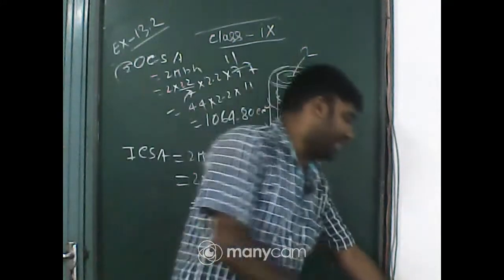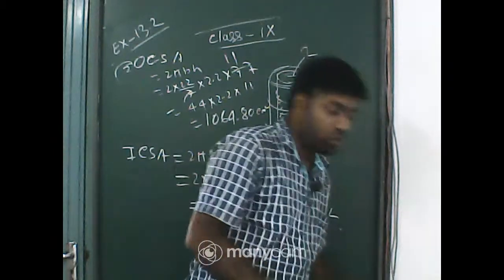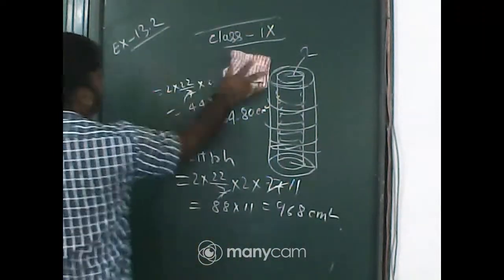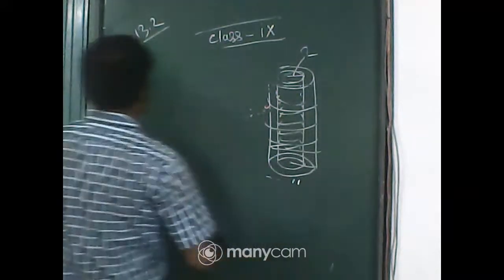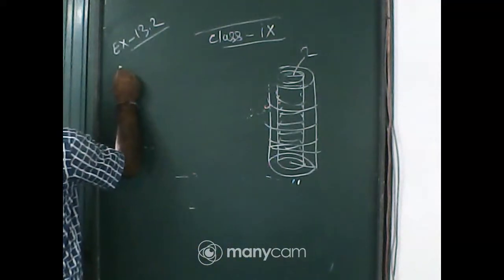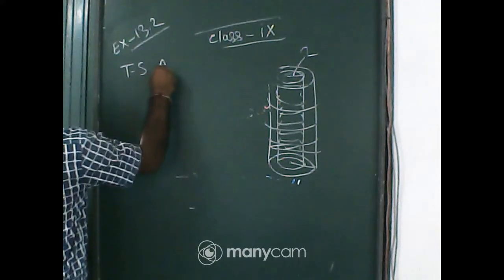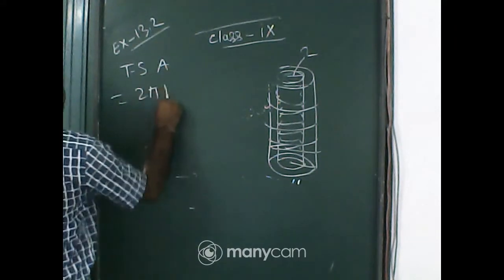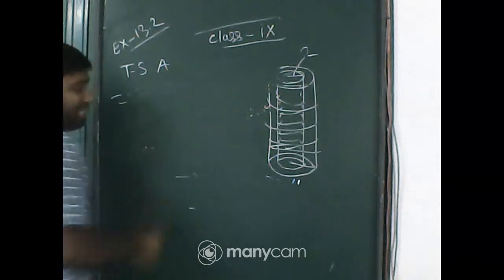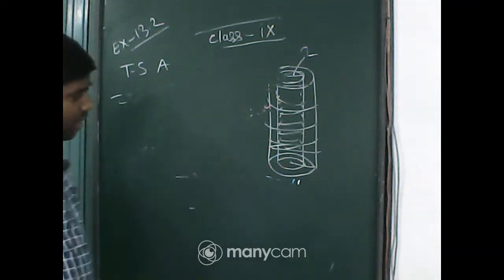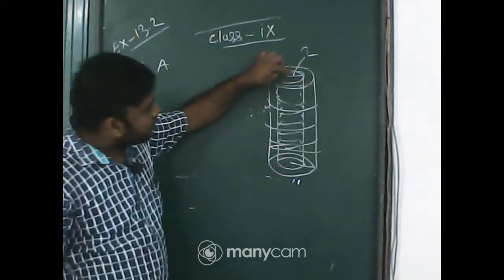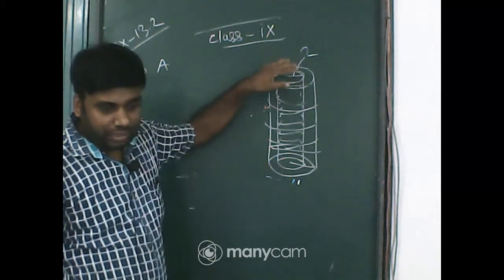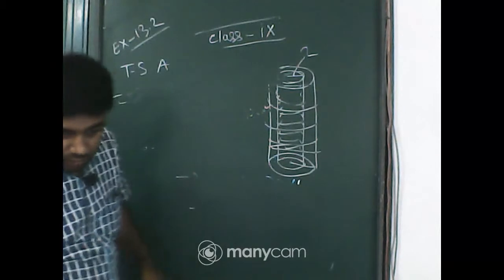Next, total surface area of that tube. Okay, total surface area, students, as it is, that upper portion is cylindrical form, that outer surface and inner total surface.